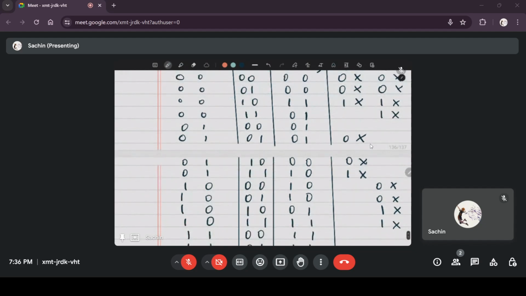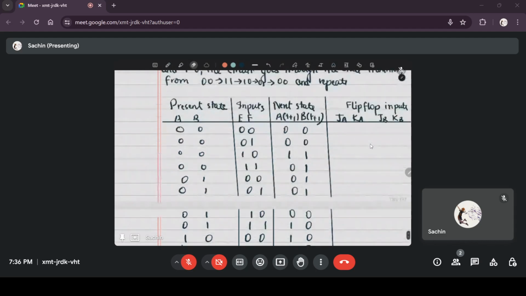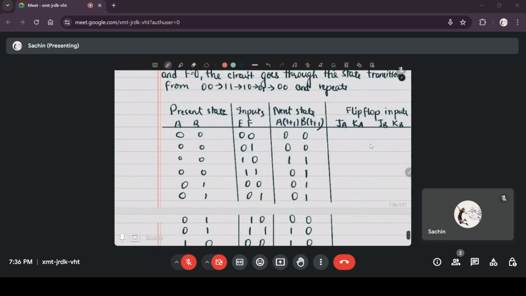Let me write that down again. I think I've made a few mistakes. So if the state goes from 0 to 0, then you need to give the input to the JK flip-flop as 0x.